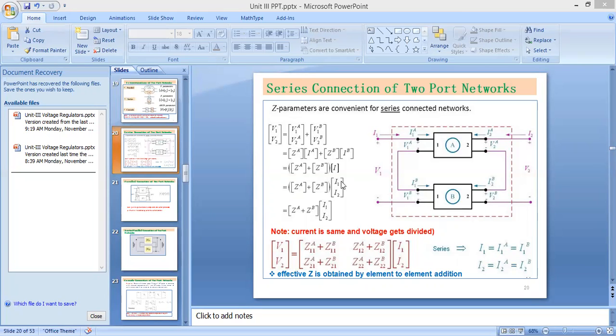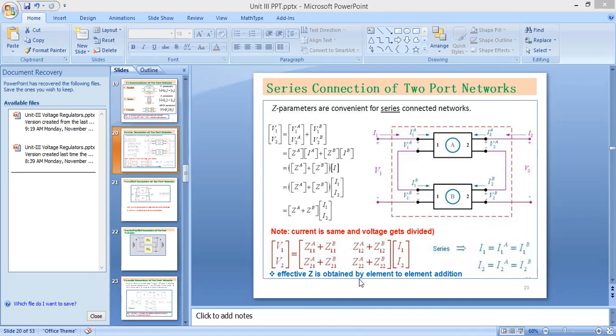So if you are writing in the form of impedance, you will get V1, V2 equal to Z11A plus Z11B, Z12A, Z12B. You can convert these equations in the form of voltage equal to current into impedance. So this is the series connection for the two-port network, and we know Z parameters are compatible with the series interconnections.